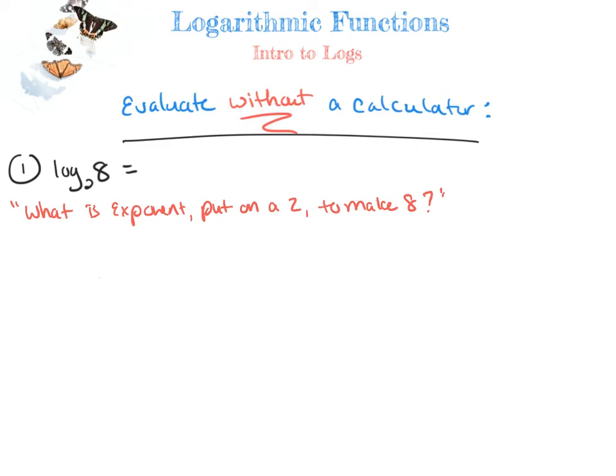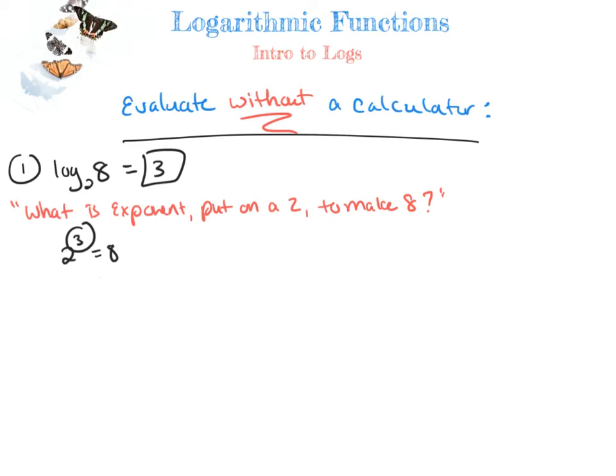That's the question. Well, 2 to the 3 power equals 8, so the exponent is our logarithm. The exponent is our answer. So log base 2 of 8 is 3 because 2 to the 3 exponent is 8.